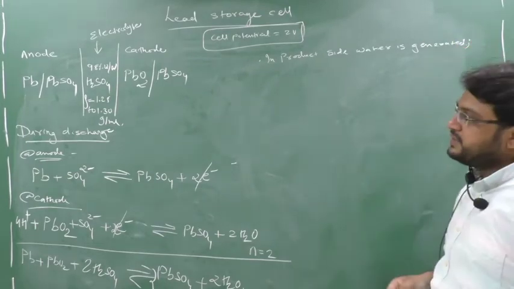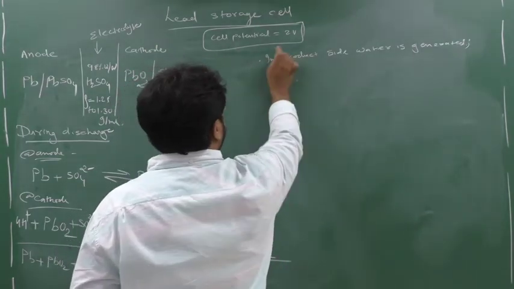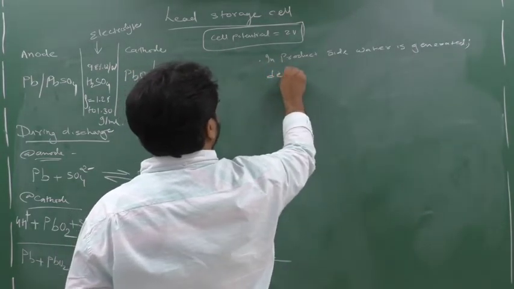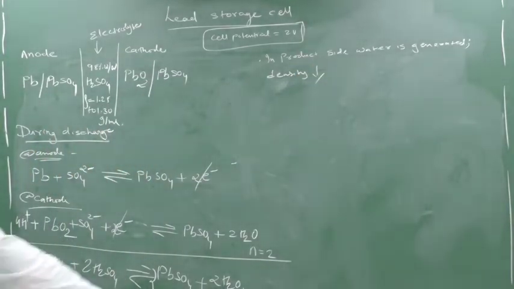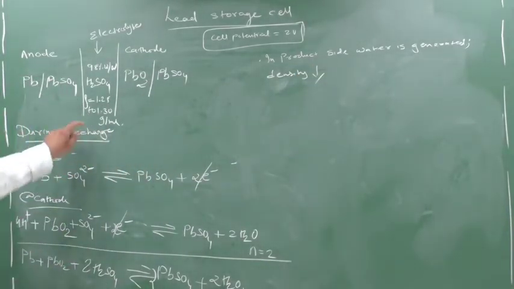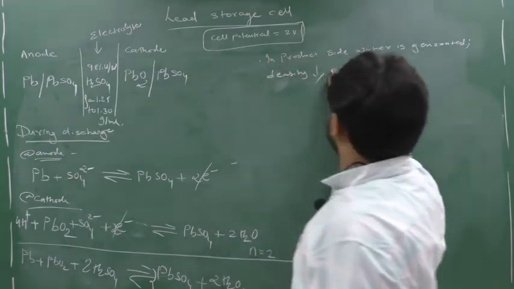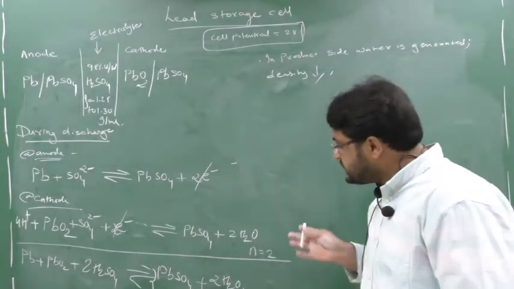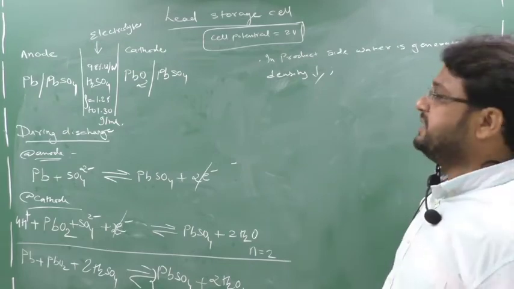When water is generated, the density decreases. Because due to generation of water here, the density of the H2SO4 which is filled as an electrolyte will go on decreasing. So as and when I use the battery, water is generated. As the water is generated, slowly density goes on decreasing.